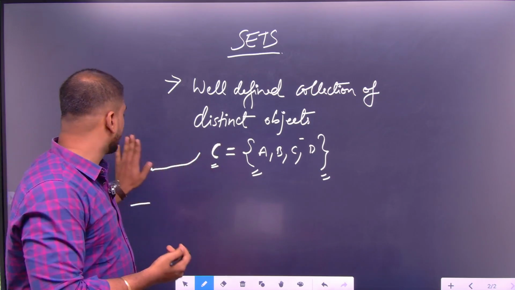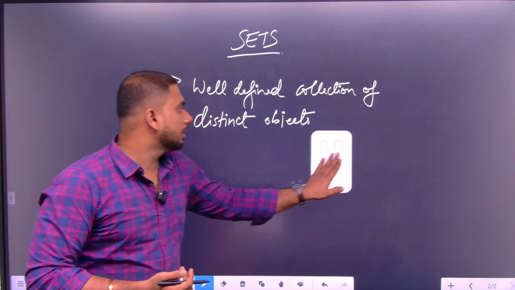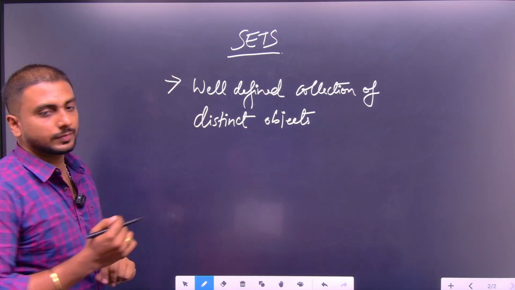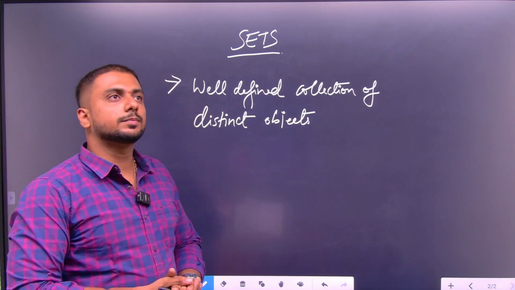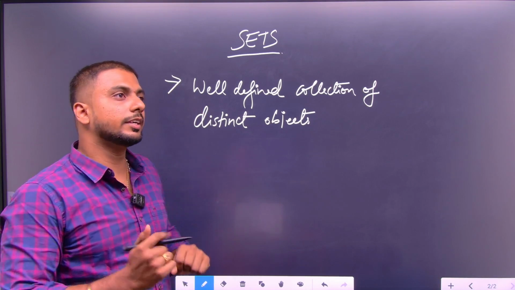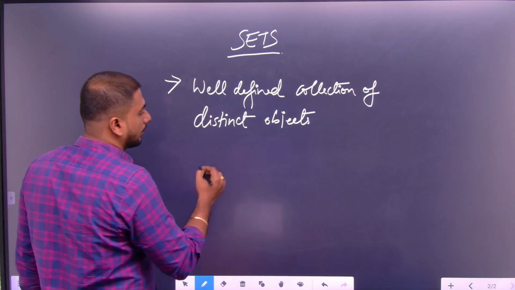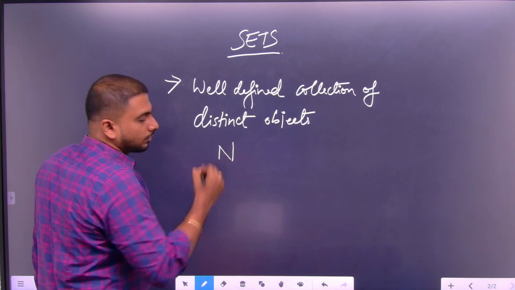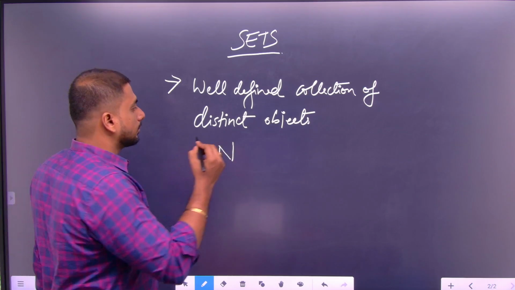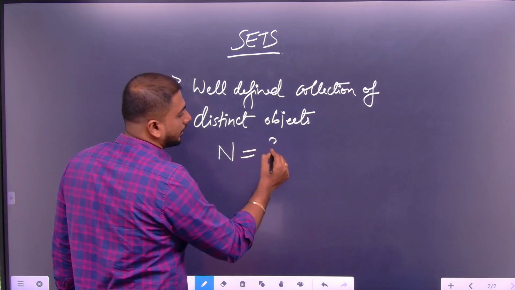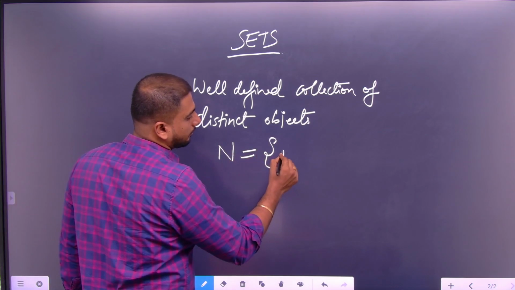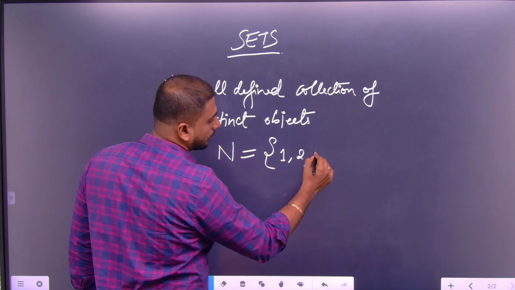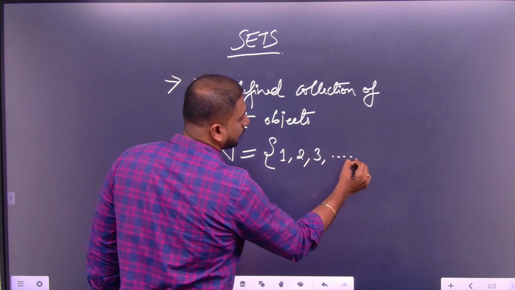Now we will go and see different types of sets. Let's have a set of natural numbers. What do you mean by a set of natural numbers? It's a basic notation to denote natural numbers with N, written as starting with 1, 2, 3, and so on.